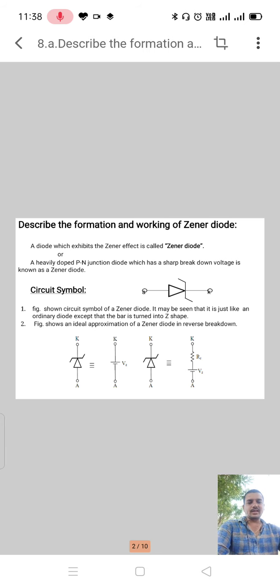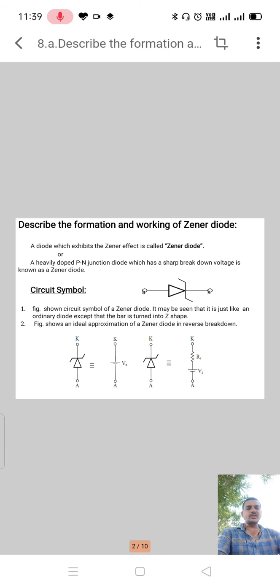Zener breakdown occurs at lower voltages than avalanche breakdown voltage. After breakdown, the reverse voltage Vz remains constant. Some applications of Zener diode: used as voltage regulator, also used in clipper circuit.